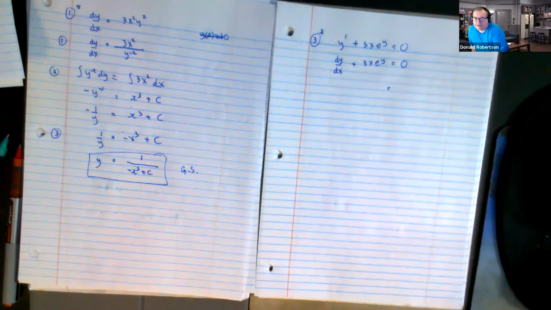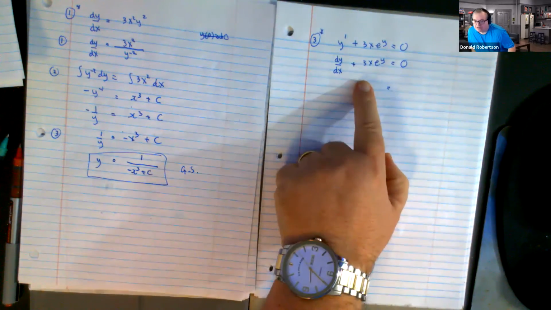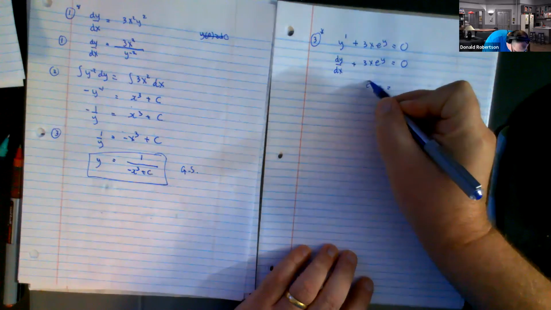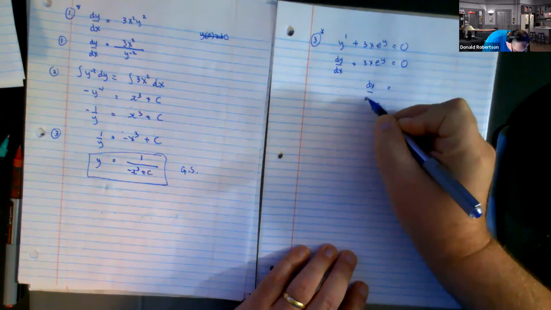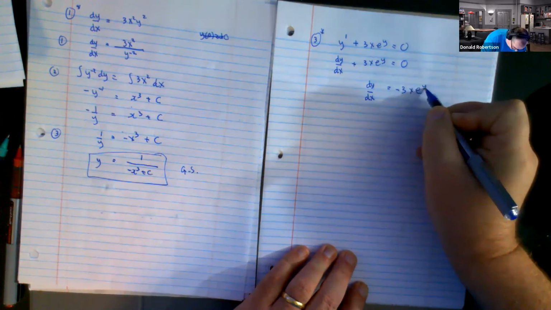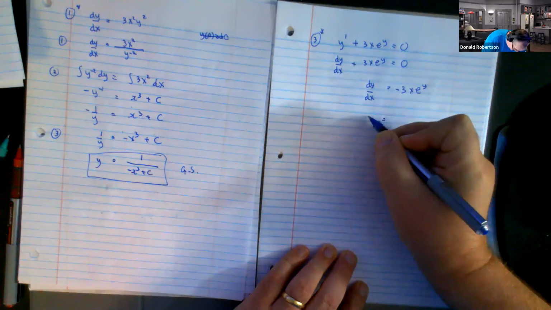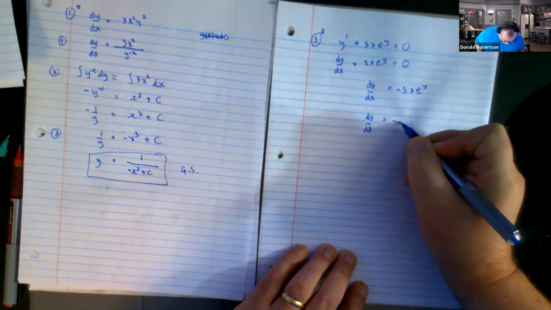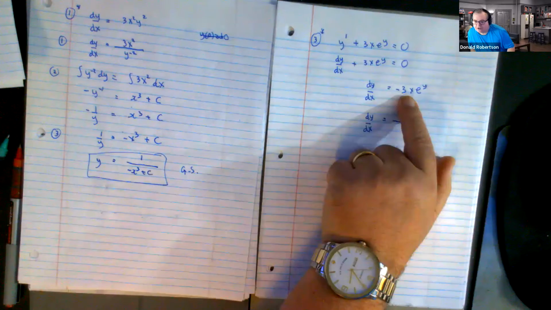Okay, where we're going next is I need dy by dx equals whatever. So what I'm going to do now is that. And since I've got dy by dx isolated, I should be able to write this as a fraction.